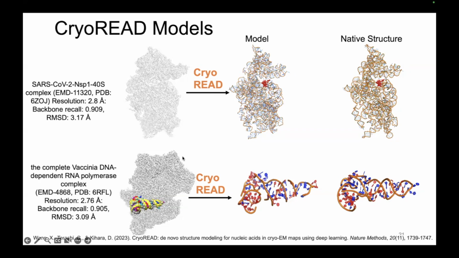And also, the DNA and RNA is a small part of the map. Only this part corresponds to the RNA structure. But CryoREAD automatically identified where is the DNA or where is the RNA, then built the structure. These are the CryoREAD results.